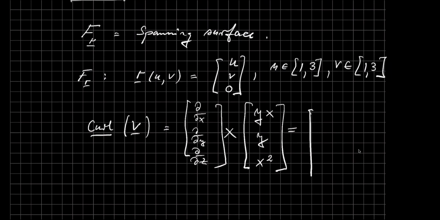If you do this, then you compute it in the normal way. You get this times this minus this times this, and this doesn't depend on y, and this doesn't depend on z, so this will be 0.